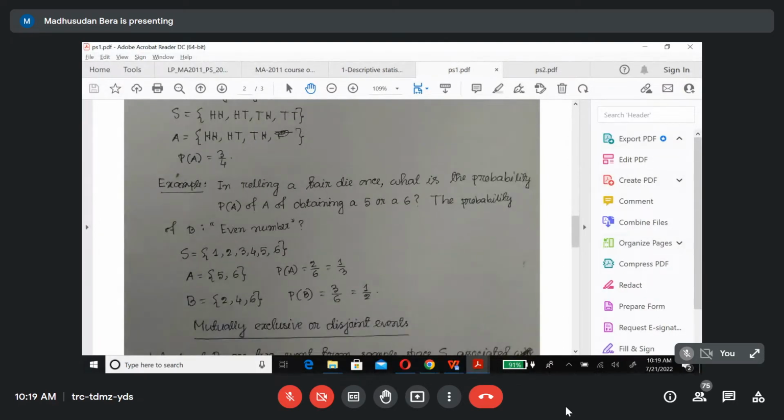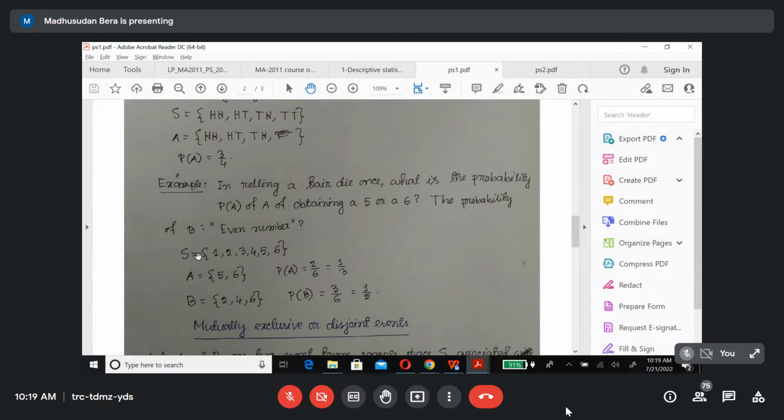Then, a dice problem. In rolling a pair of dice once, A is the event of obtaining a 5 or a 6, and B is the event of an even number. What is the sample space?